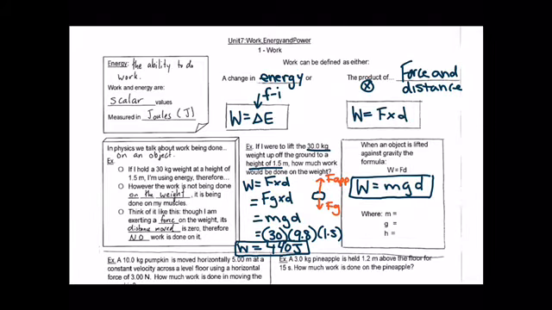So M is the mass, which is measured in kilograms. And G is our acceleration due to gravity, or you can think of it as just 9.8 meters per second squared. And then the height, or the distance of the object being lifted up, measured in meters.